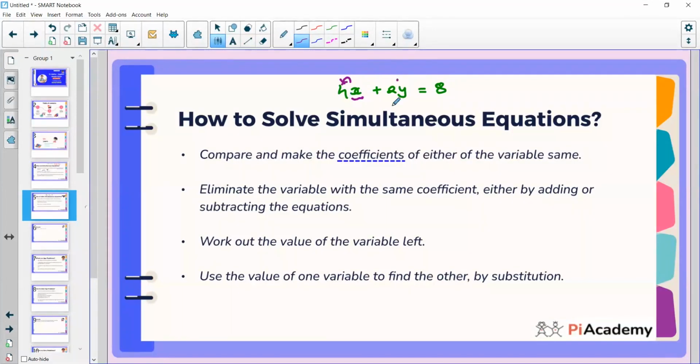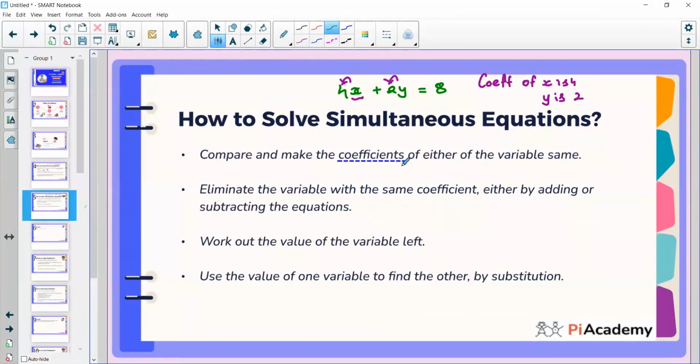For y, you got 2 as a coefficient. So the coefficient of x is 4 and of y is 2. It's nothing but the numbers in front of the variables. Okay. Now, for simultaneous equations, you got 2 equations, right? So what is your job?